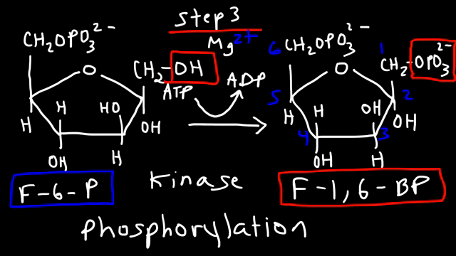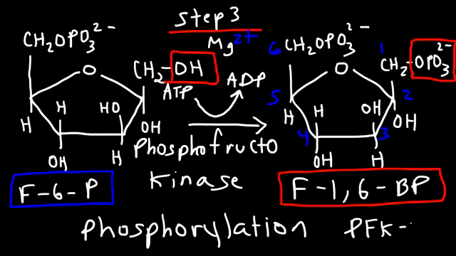So this particular enzyme is appropriately called phosphofructokinase. In short, it's also called the PFK1 enzyme. So that's the abbreviation for it. And it should be a 1 here too. It's phosphofructokinase 1.